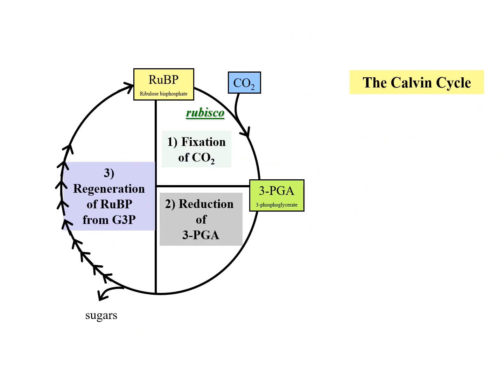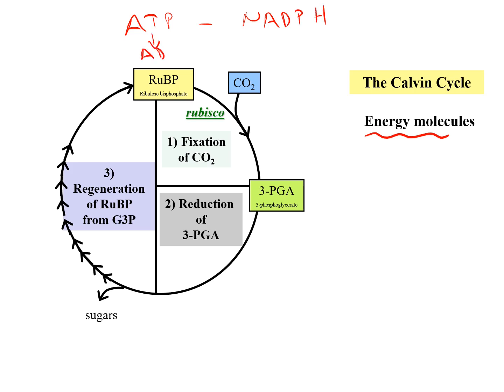In this slide I want to summarize what happened with the energy molecules during the Calvin cycle, and you have 2 molecules that are important, that is ATP and NADPH, that come from the light reactions, and you will turn those molecules into ADP and NADP+.